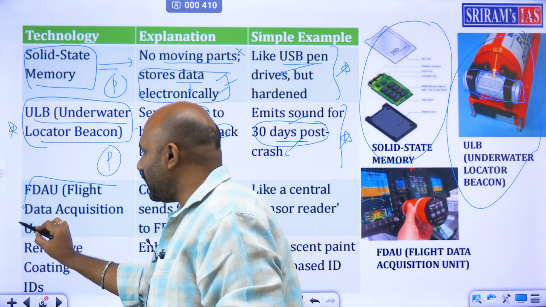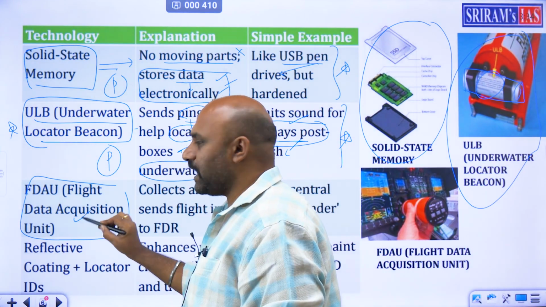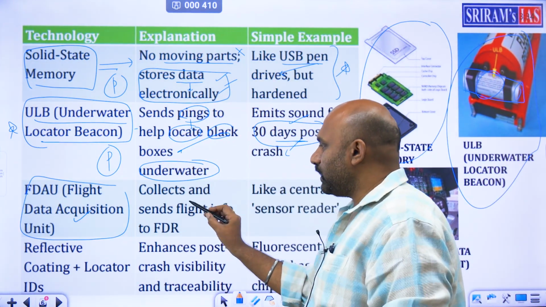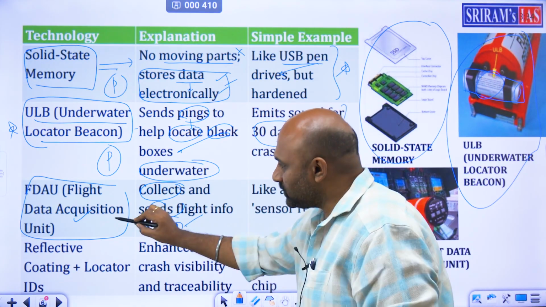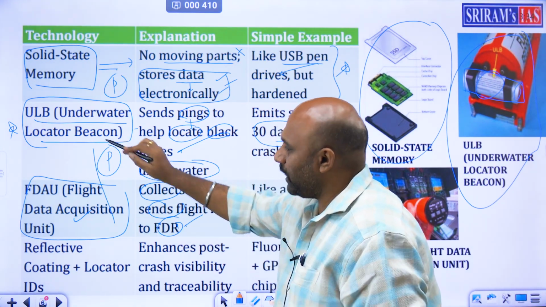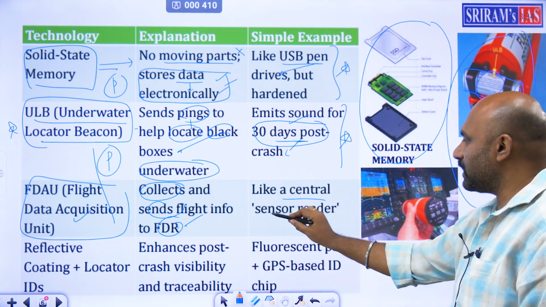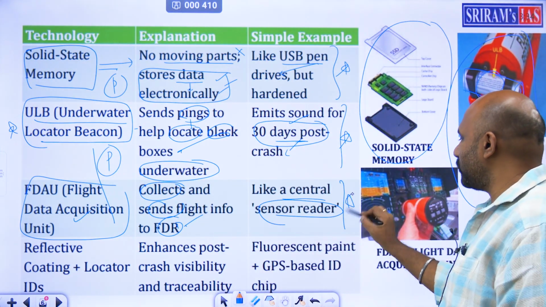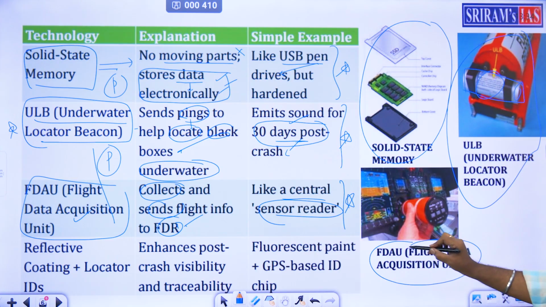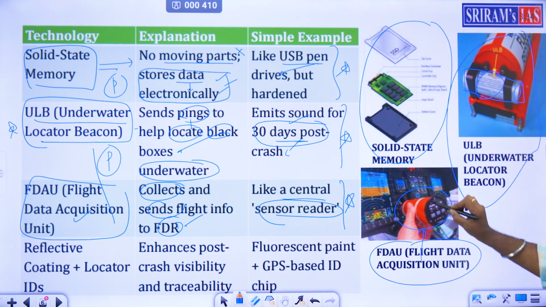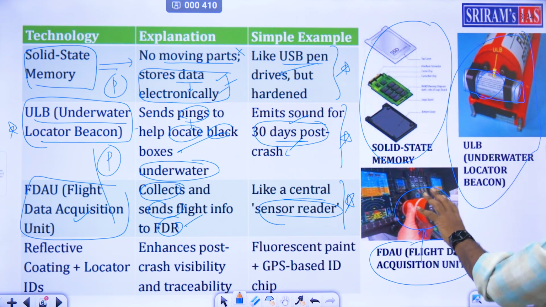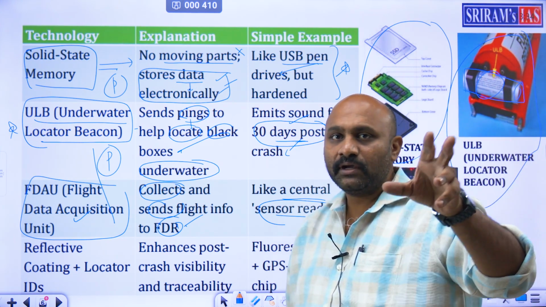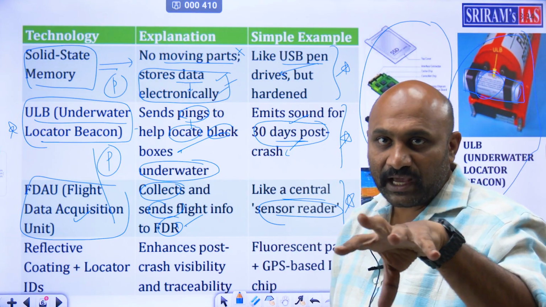Next, FDAU, that is flight data acquisition unit. It collects and sends flight data into the FDR. So this will collect and send it to your FDR chips. It acts like a central sensor reader, that is its main function. This is how the FDAU looks. All the diagrams and pictures have been taken so that it is easy for you to imagine how it looks, so that you really know how it looks.